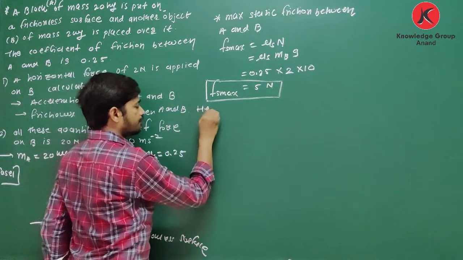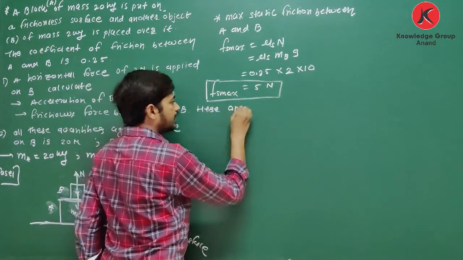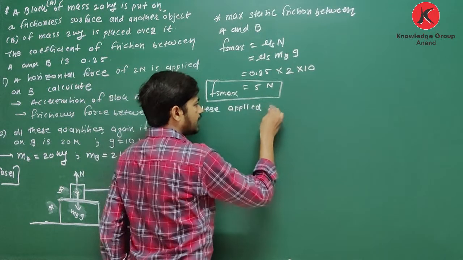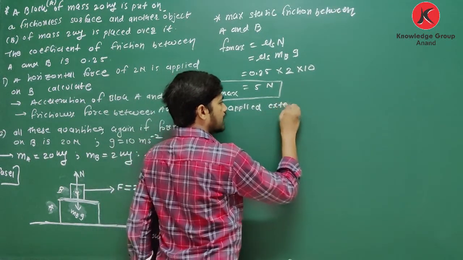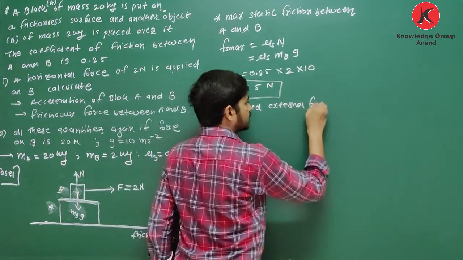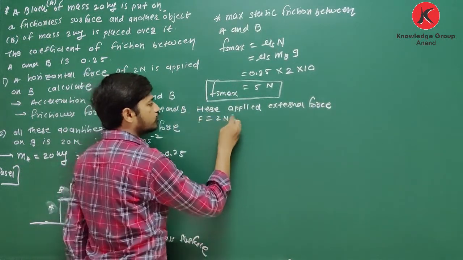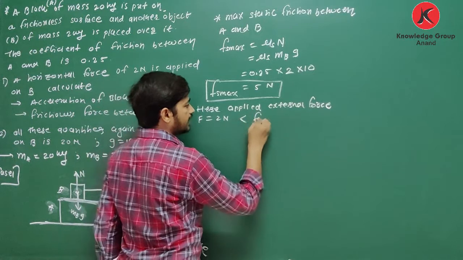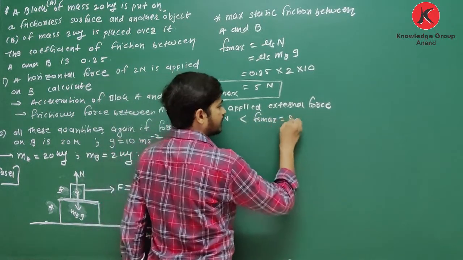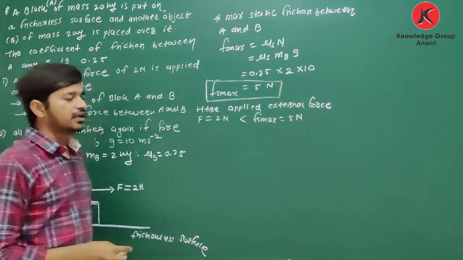So the applied external force F equal to 2 Newton is less than Fs maximum, which is 5 Newton. Clear about this?